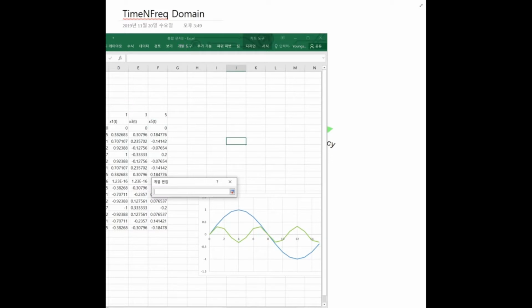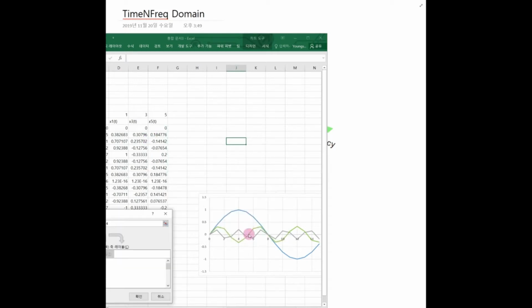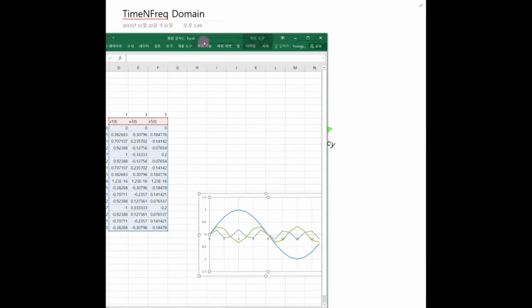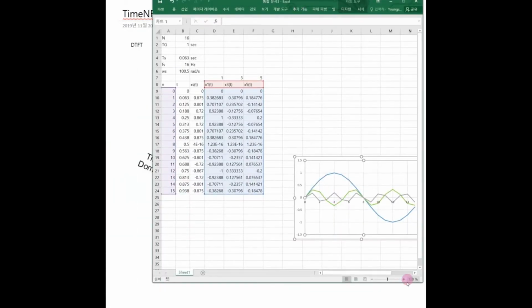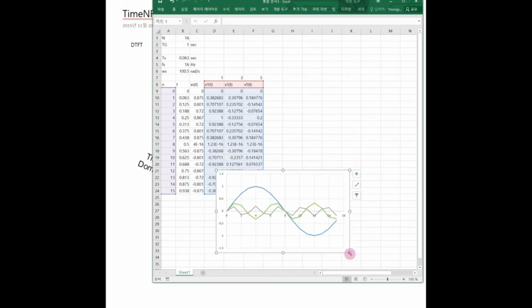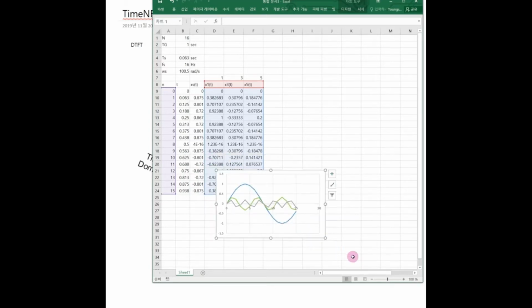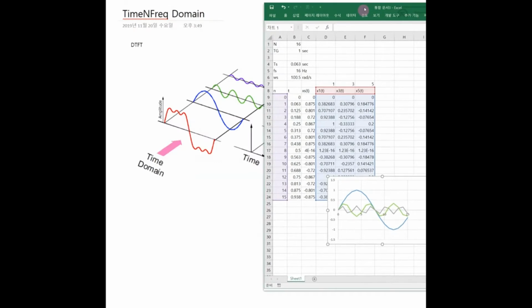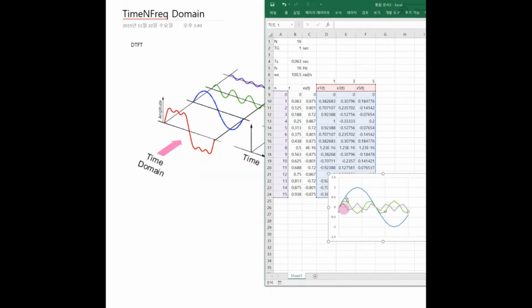Choose the x-axis and y-axis. Okay, that's this one. So here are the 3 spectral contents of the signal. These 3 components are plotted over here.